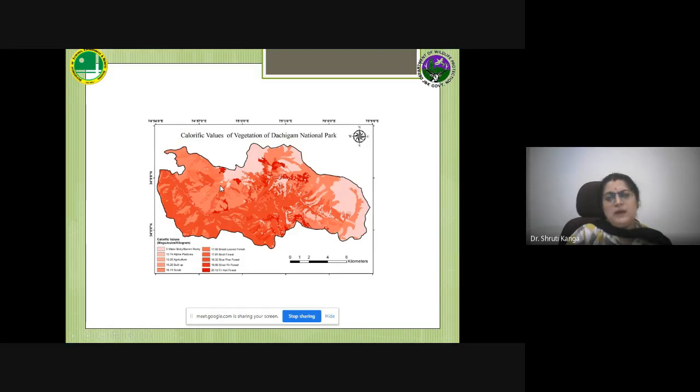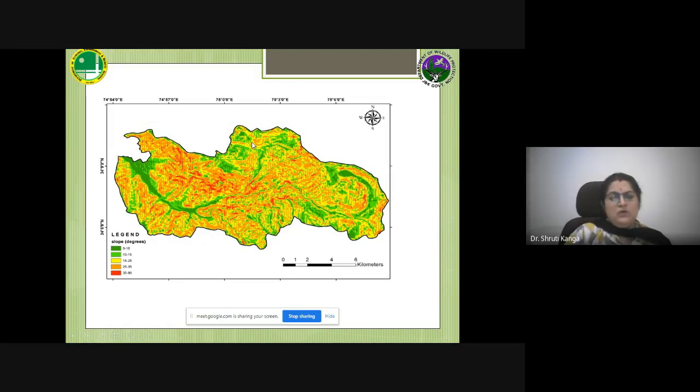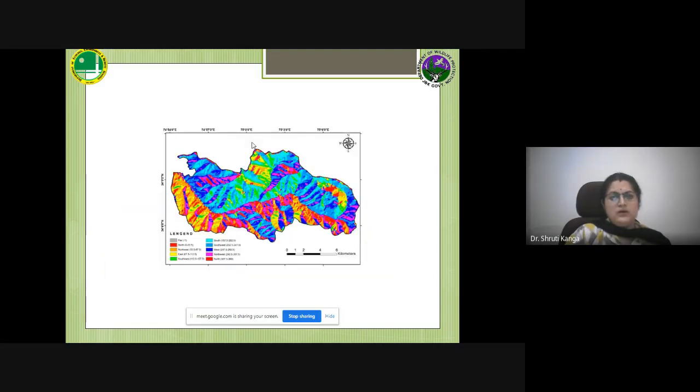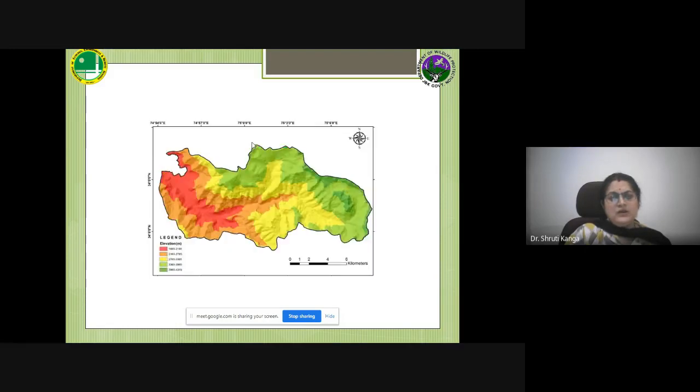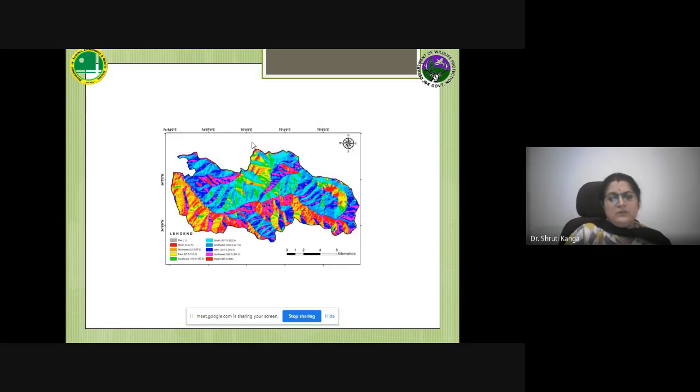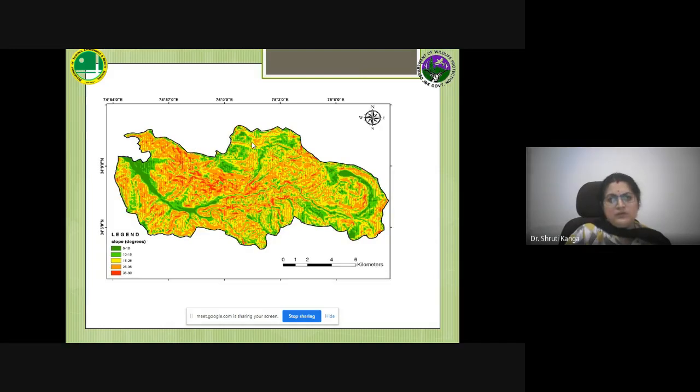So this map is showing different values of vegetation. And then this is a slope map of the area. This is the elevation. This is the slope map. This is the aspect map of the area.